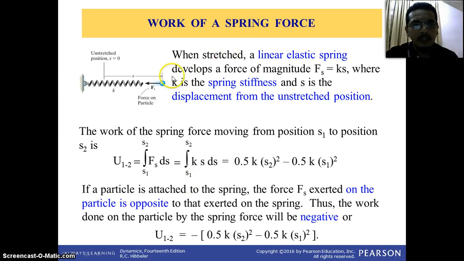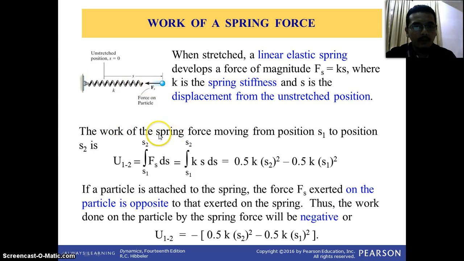Okay, work of a spring. When stretched, a linear elastic spring develops a force of magnitude Fs equals ks, where k is the spring stiffness and s is the displacement from the unstretched position. Let's say initially s equals 0, and the spring is elongated, so we have the stretch length, and the final length becomes larger depending on the force, either compression or tension.